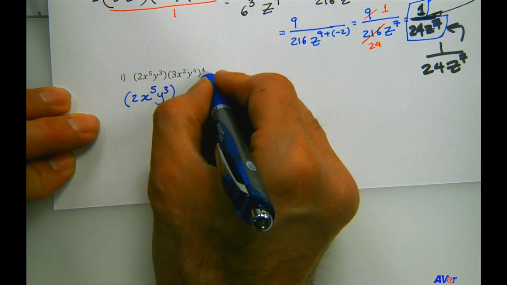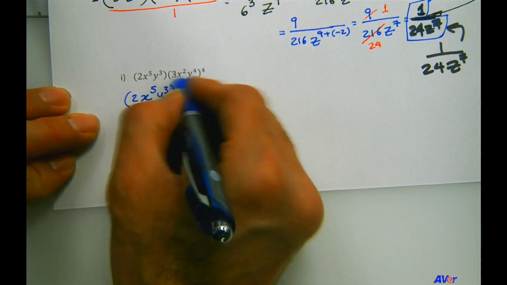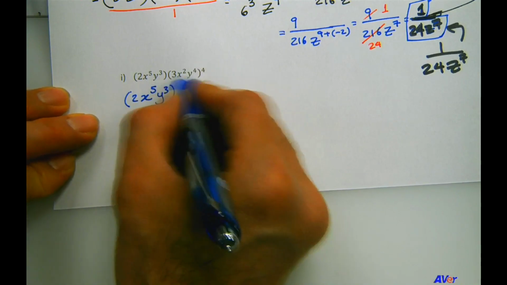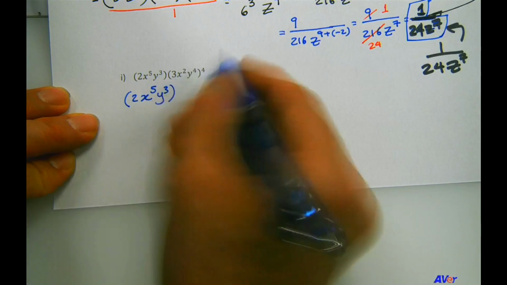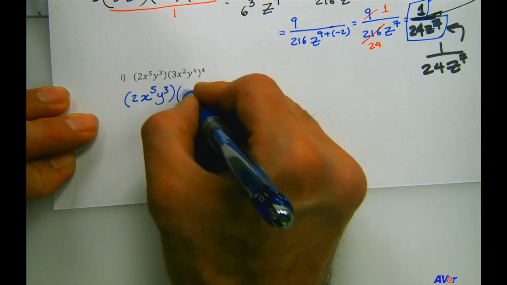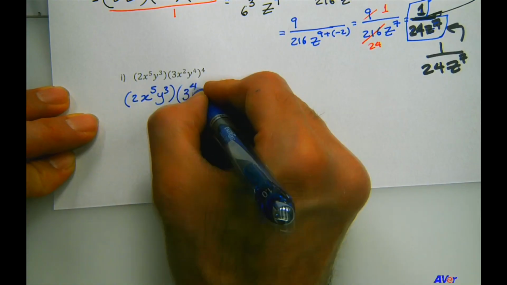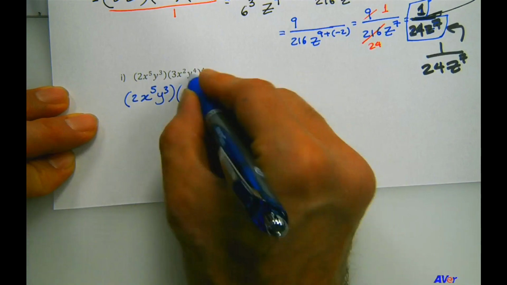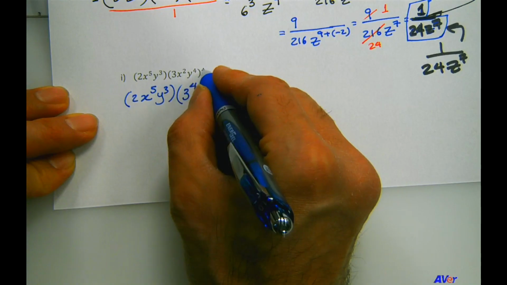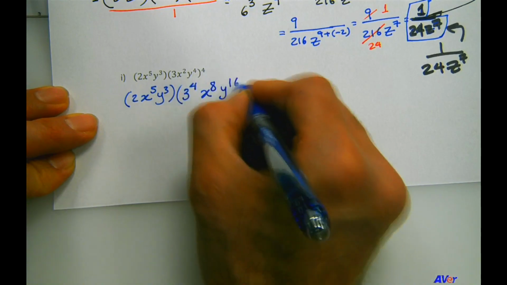Now we're going to distribute this 4 into all the terms on the inside, because all the terms on the inside are being multiplied by each other. So we can distribute the power that is outside. So we have 3 to the 4th power, 2 times 4, x to the 8th power, y to the 4th power, that's y to the 16th power.